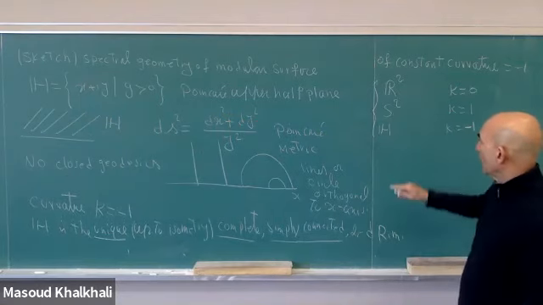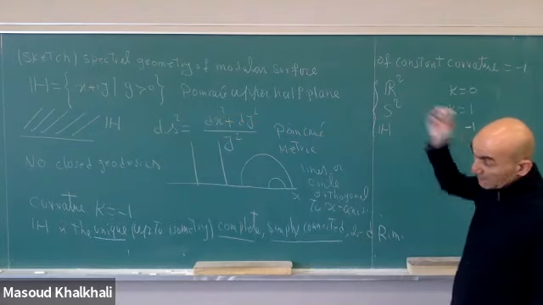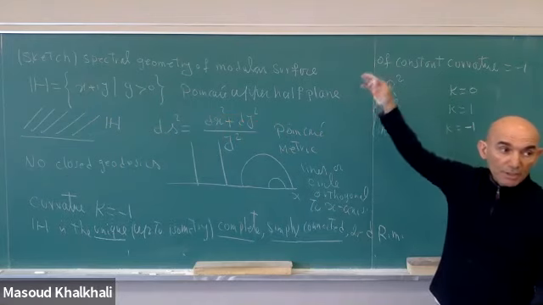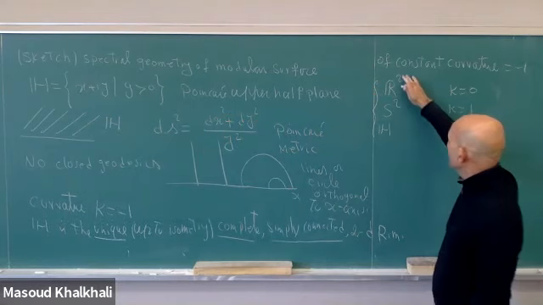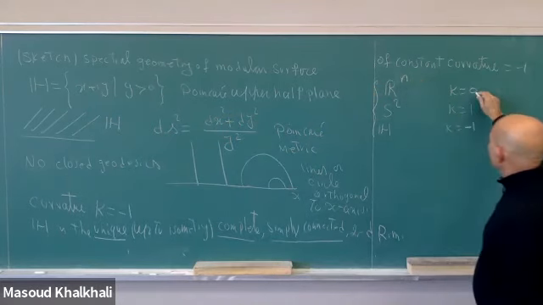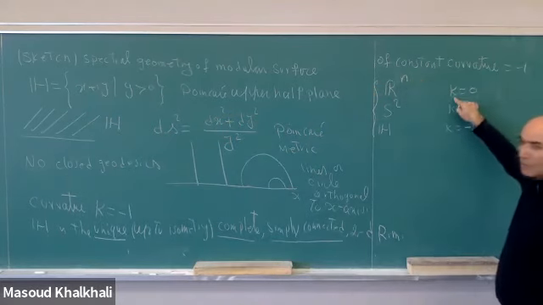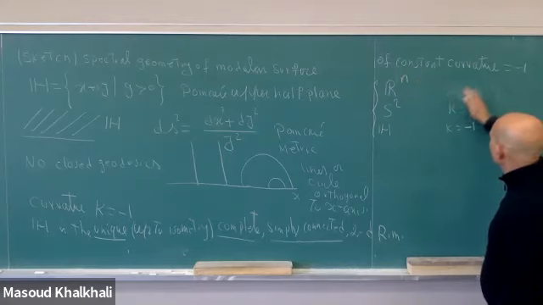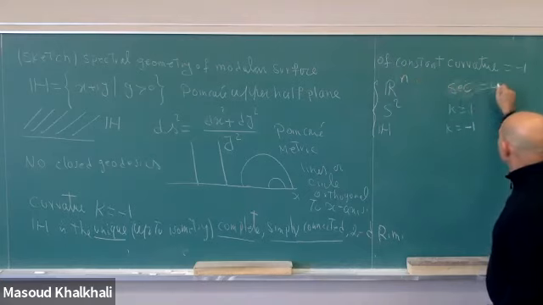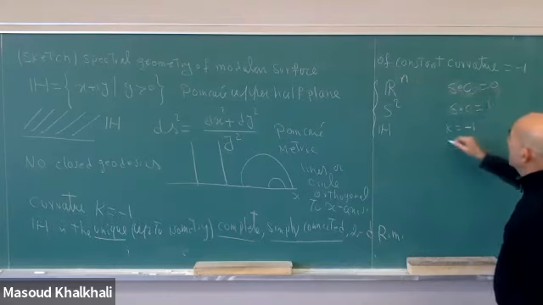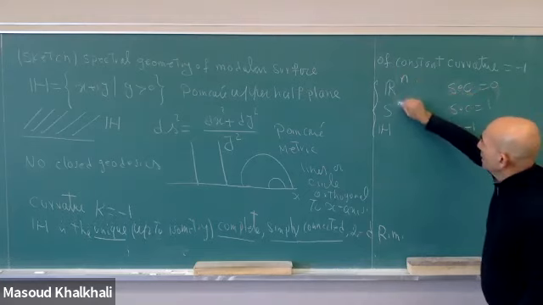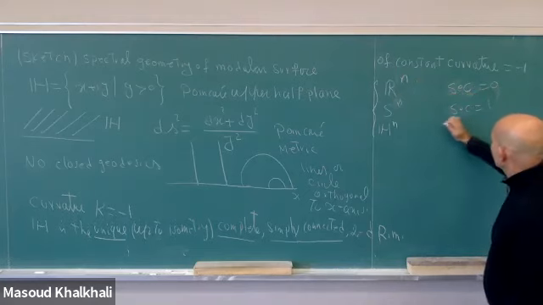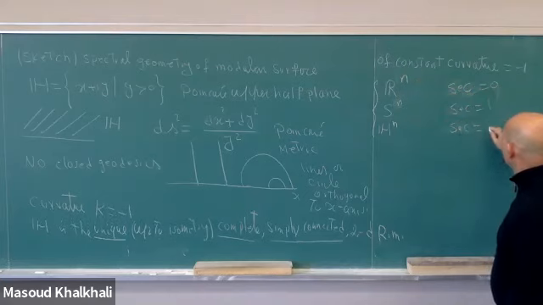Okay, and of course there are analogs of this in any dimension. So for dimensions bigger than or equal to 2, we also have Rn. In this case, instead of curvature, you have to put sectional curvature. So Rn has sectional curvature equal to 0, Sn has constant sectional curvature equal to 1, and Hn has sectional curvature equal to -1.